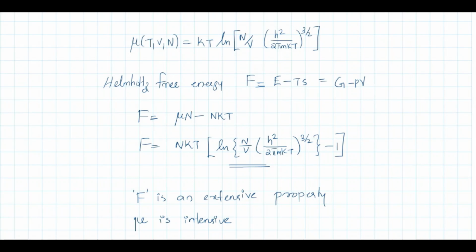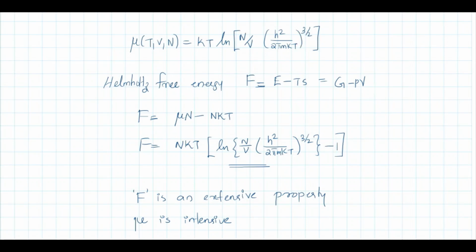So F is equal to mu n minus nkT, but this mu is kT log this quantity. So you will get it as nkT, you can take it outside, then log of n by V h square by 2 pi m kT raised to 3 by 2 minus 1.